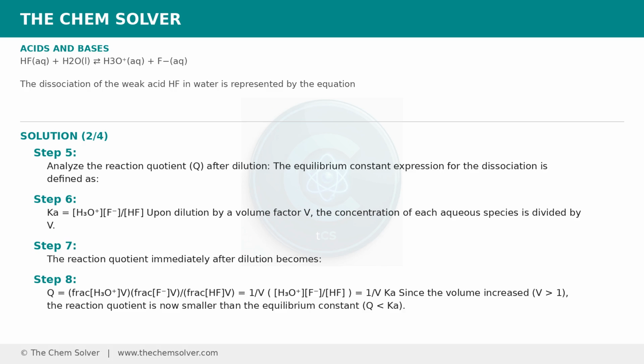Analyze the reaction quotient, Q, after dilution. The equilibrium constant expression for the dissociation is defined as Ka equals [H3O⁺][F⁻] over [HF].